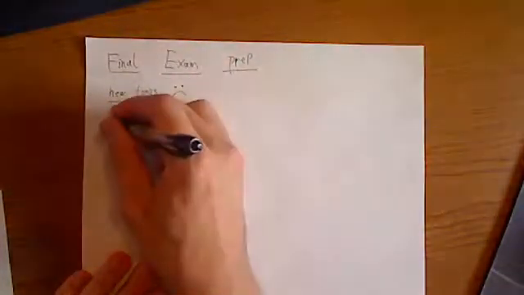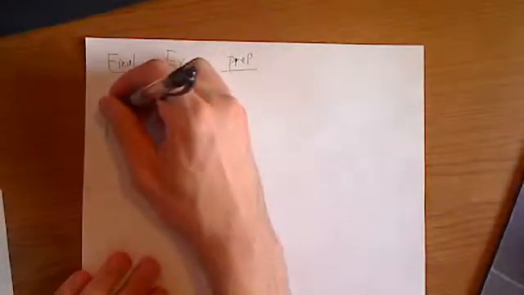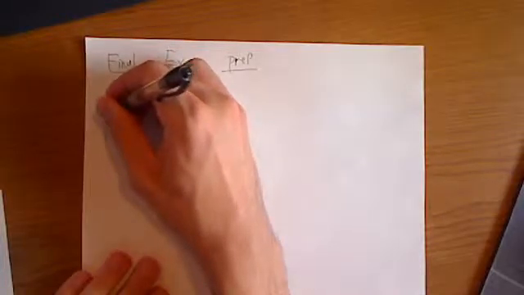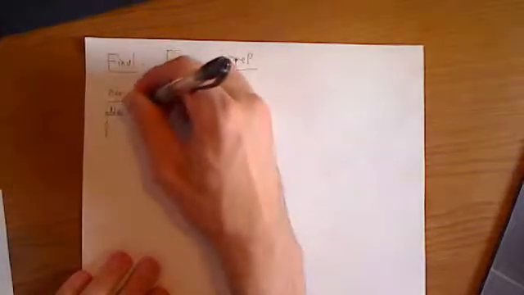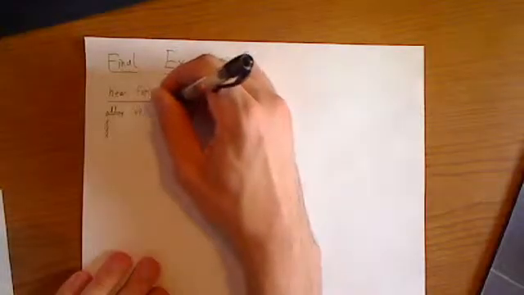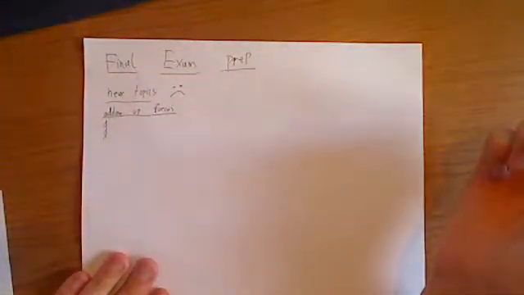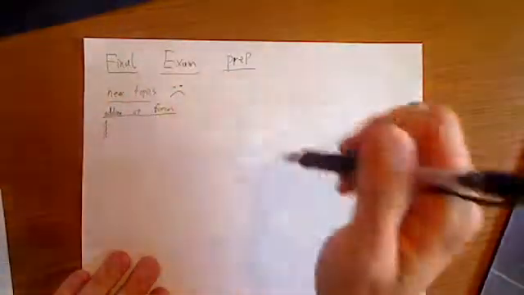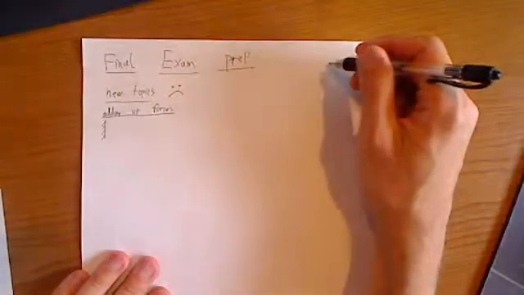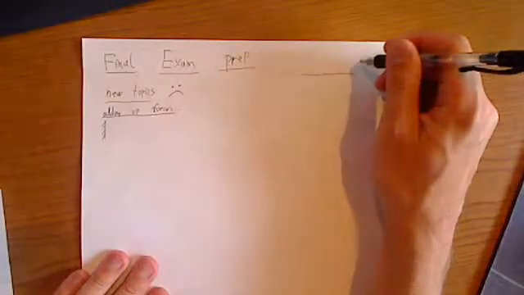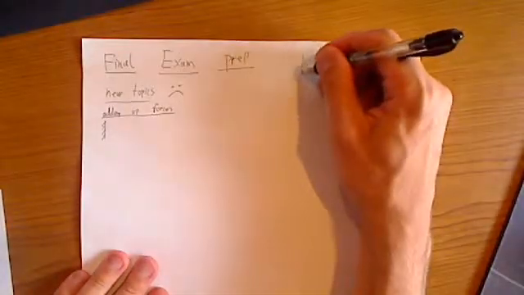Alright, first thing is basically adding up forces. Hopefully this isn't new to you guys. If you remember from assignment 1, I posted a video where you had to find the resultants of these odd sets of forces.